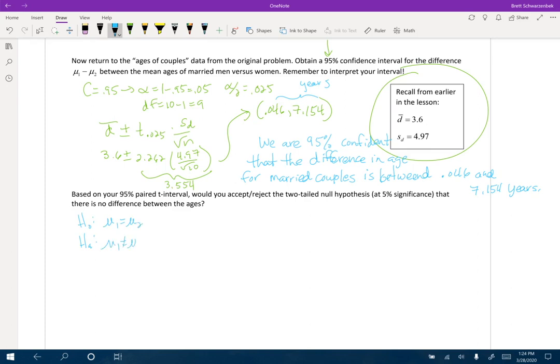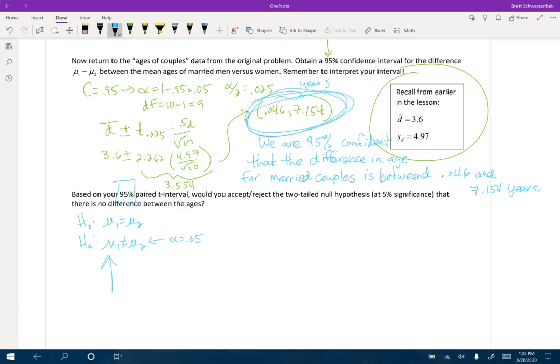So again, we have a two-tailed test at alpha 0.05. Look at our 95% confidence interval. Note the sum of 5% and 95% is 100%, which means we can use this interval to make a decision about this test.